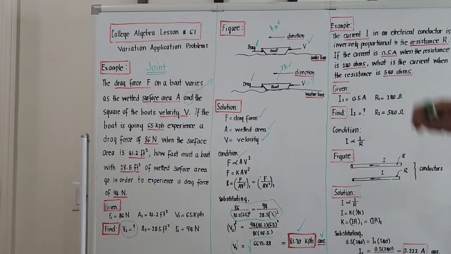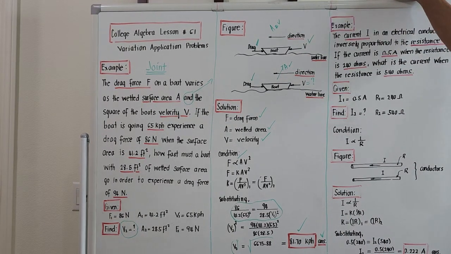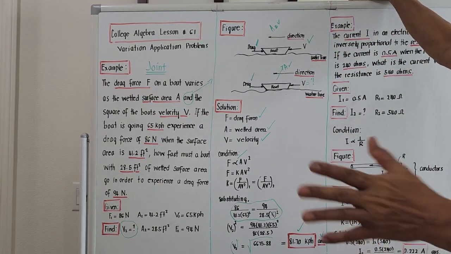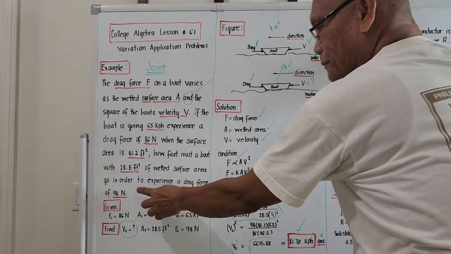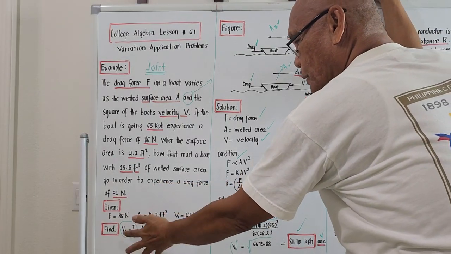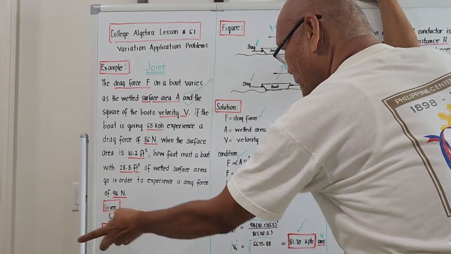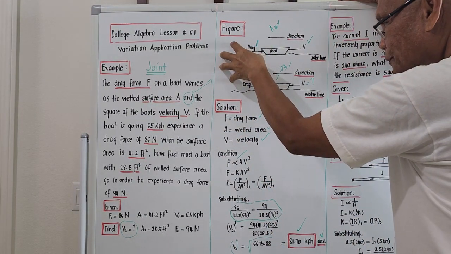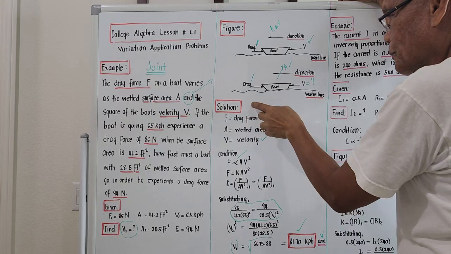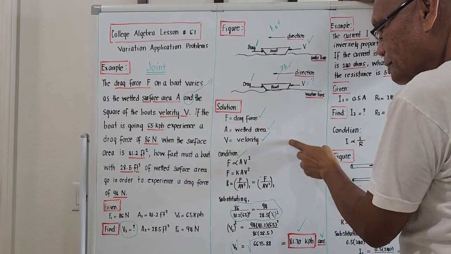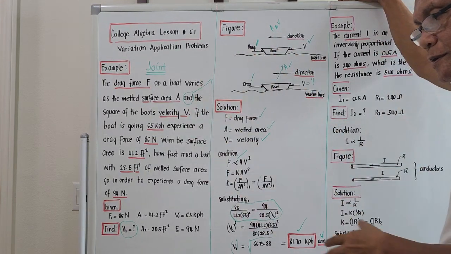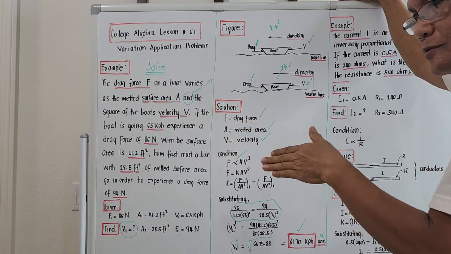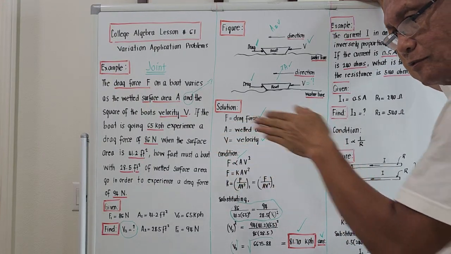Okay, so at least we now know how to solve a problem under variations. As always, we will bring out the given. We will be writing what is being asked. We try to figure out, okay, we brought out now the solution. And to formulate the solution, we will understand the concept and how the problem was introduced.